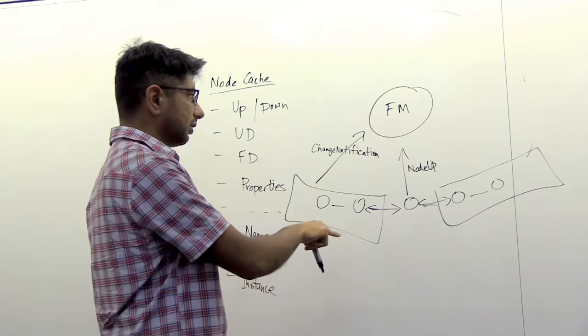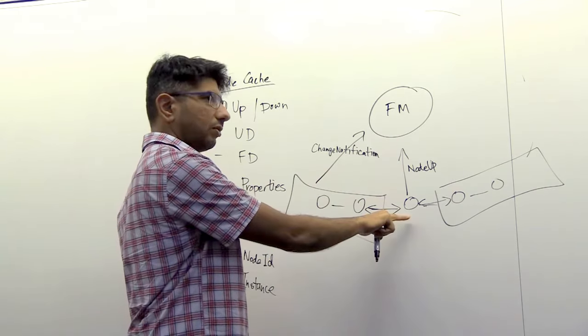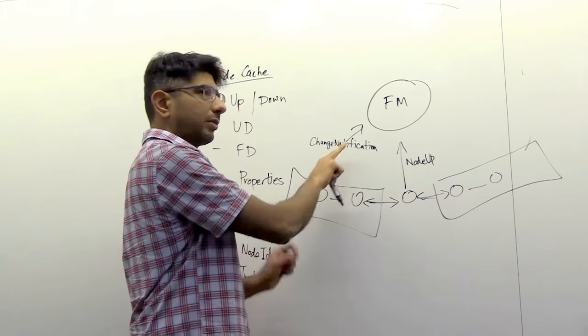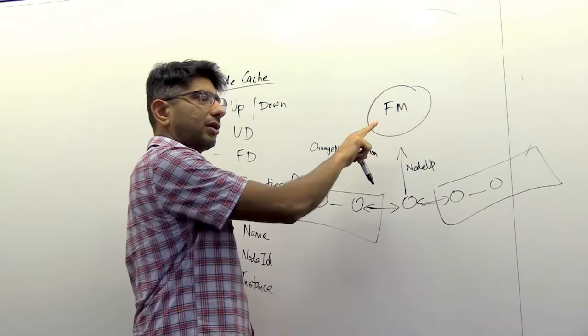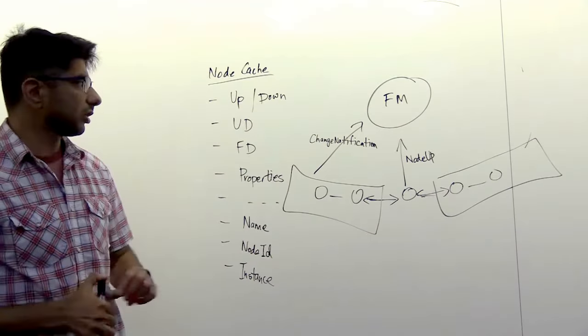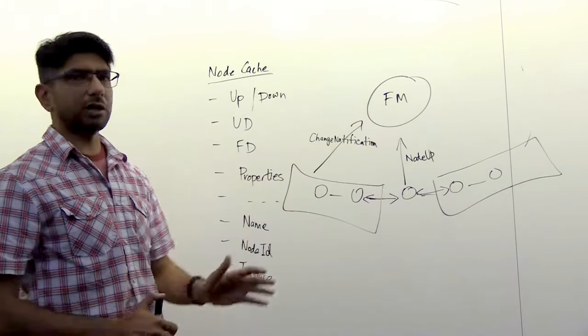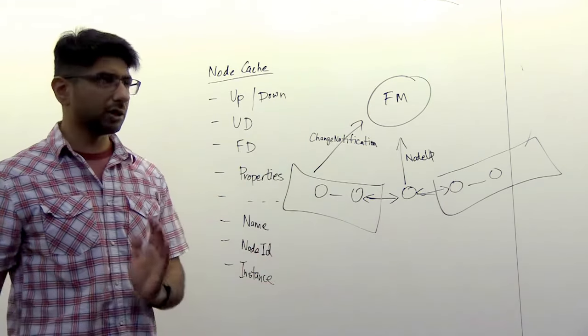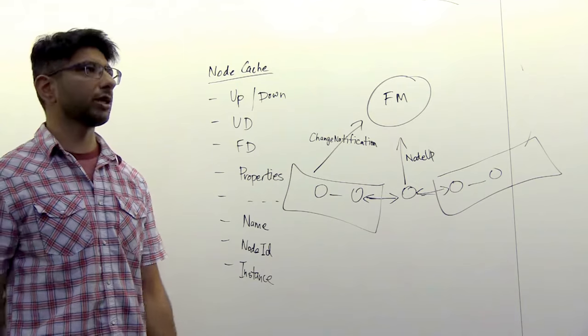The reason is, while the node was down, maybe it just restarted, and while this message is in flight, the node might have come up and already sent a node up message. So the change notification message says, my neighborhood has changed. This is the new view of my neighborhood.